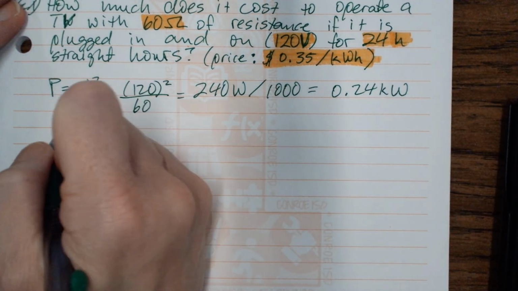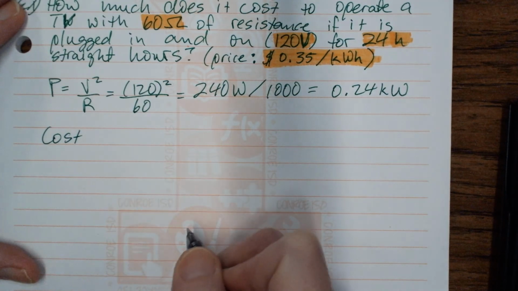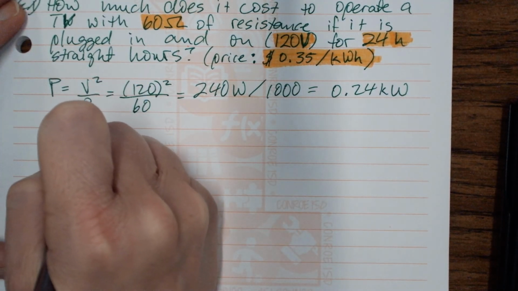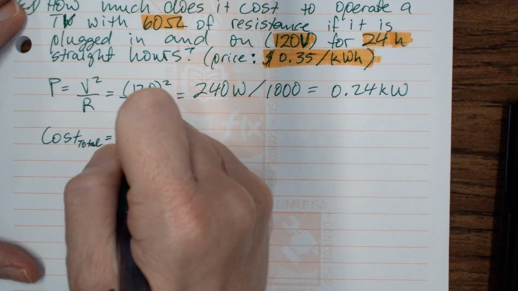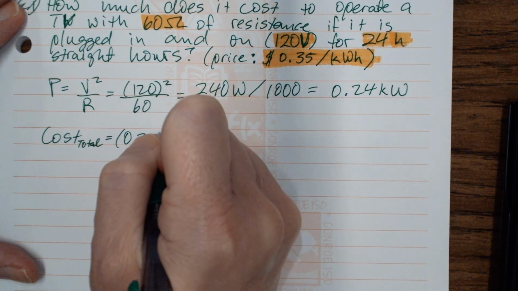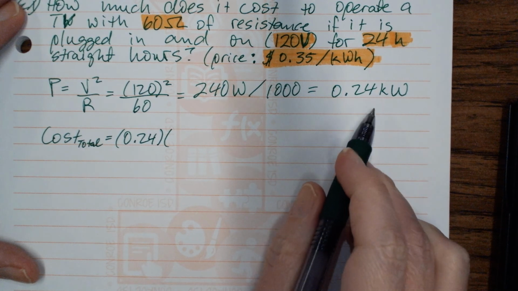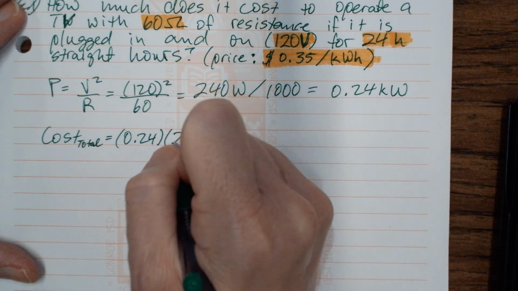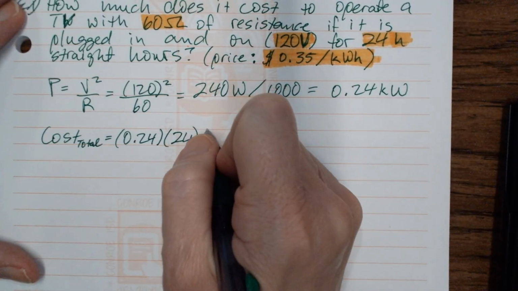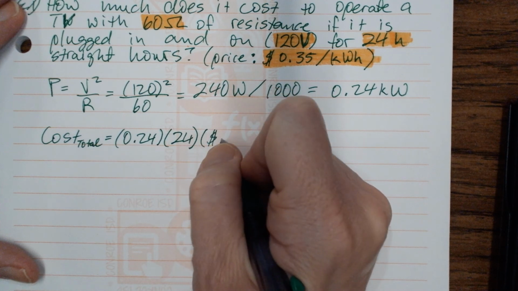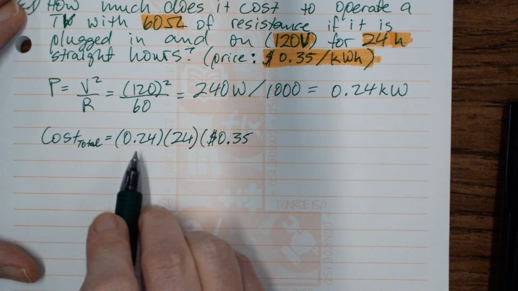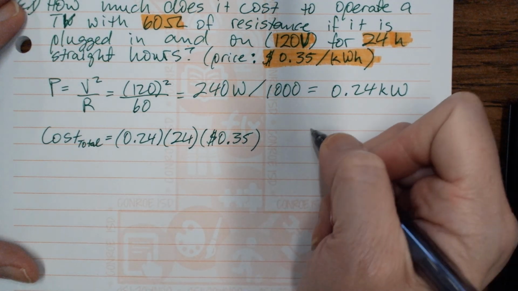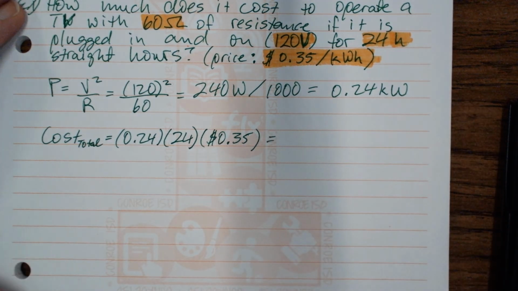And then we want to find our cost, right? So our cost total. And we're just going to plug in that equation. So power in kilowatts is 0.24. Our time in hours is 24. And our price, I'm going to go ahead and put the dollar sign with it. 35 cents per kilowatt hour. So the kilowatt hours will cancel and you're left with dollars.